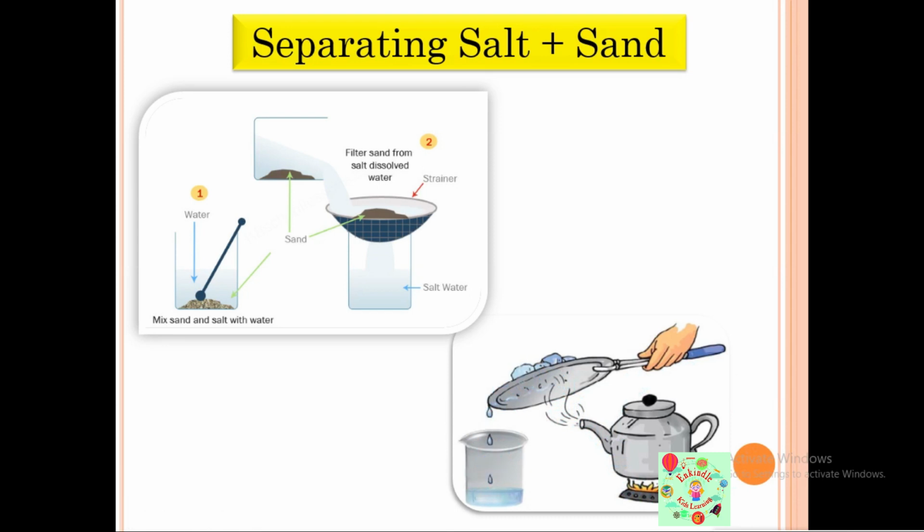What is left in the kettle? Yes, the solid particles of salt are left behind in the kettle. This is how you separate the salt from the water. So in this example, we used more than one method to separate salt and sand.